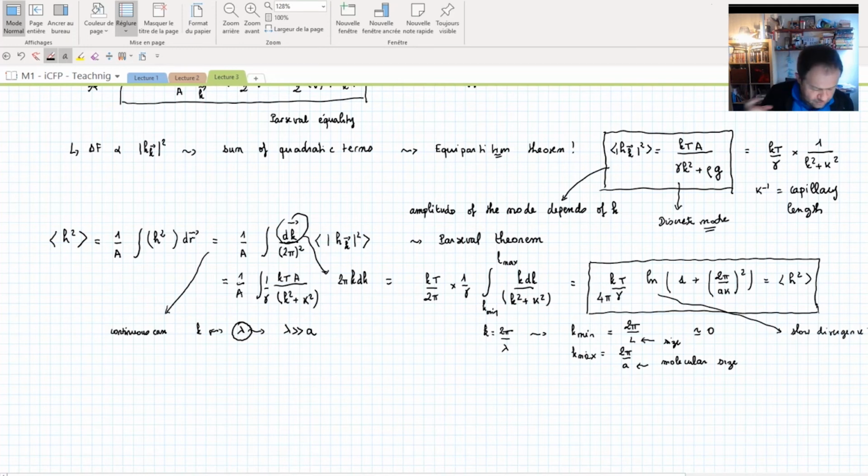Except if we go in some particular case, this term should be among the constants, so we recover that the order of magnitude of the fluctuations is kT divided by gamma, if 1 over a kappa is smaller than 1.